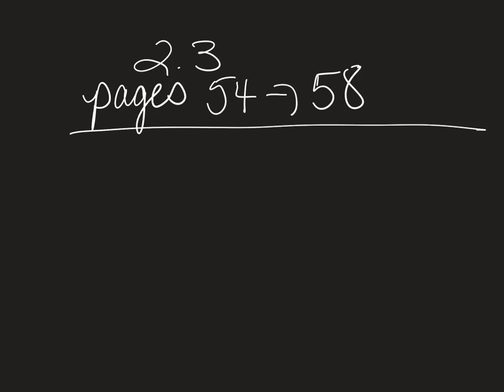If I have 2x plus 3 equals 5, remember what your goal is when you're solving equations: to isolate the variable. Where is the variable? X is your variable. Now, you will notice that I have 2 times x plus 3 equals 5.